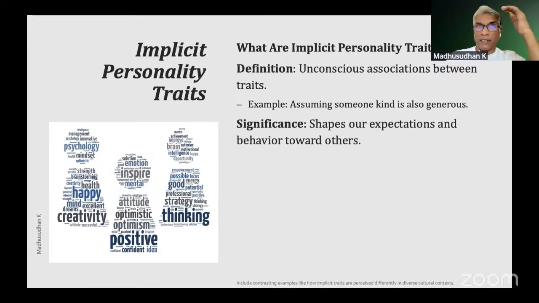Immediately you assign she is a warm personality. If I say that, immediately you think she is very good, beautiful looking, smart, etc. These are all interlinked without even knowing that we assign particular traits to that particular personality. So unconsciously associating between the traits.